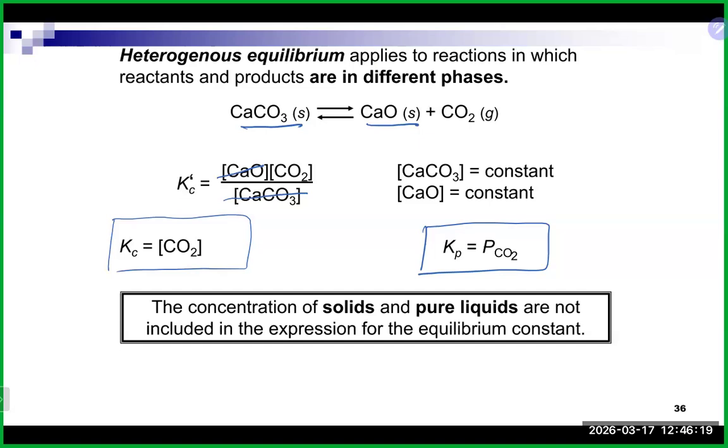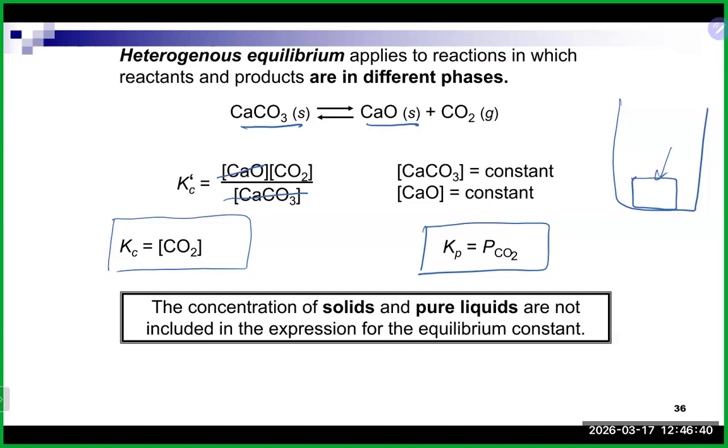So in general, what we do not include in these expressions are solids and liquids; what we do include is anything with aqueous next to it or gases. Those go into the expression. And the idea here is, if you have a solid sitting there, it's just sitting there, right? It's not going to participate.